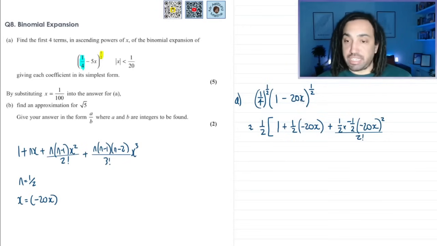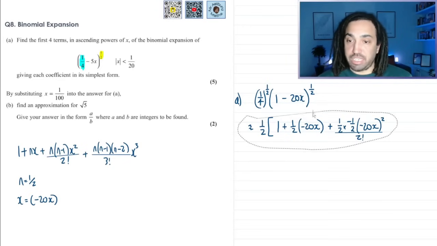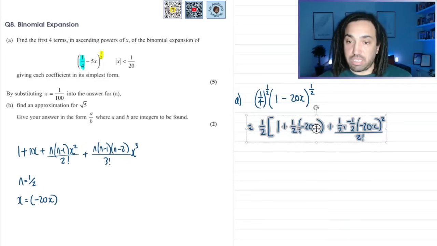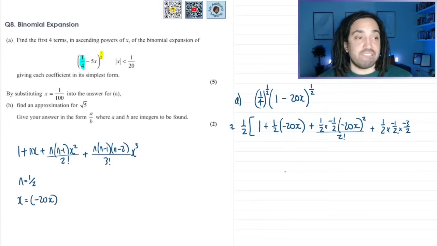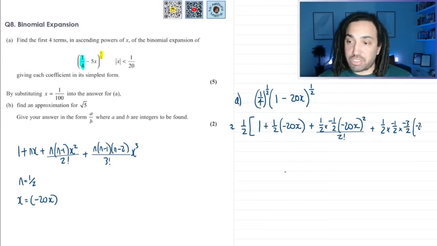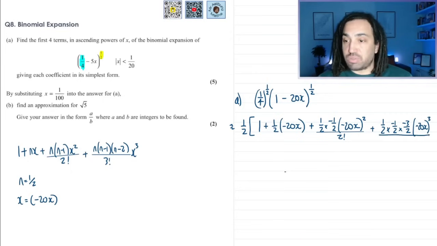And then the next one, I'm not sure if I'm going to be able to fit that in, let's just grab some more space. Move you up a little bit. Okay, so plus, this will be a half times n minus 1 times n minus 2, and that is minus 20x cubed, and that is all over 3 factorial. Close bracket, just fit in nice.